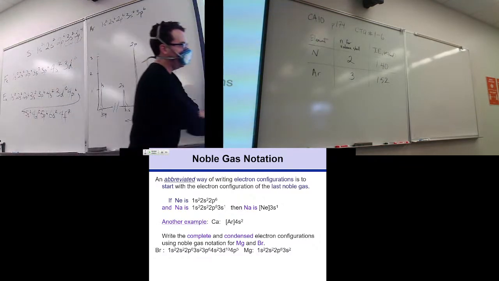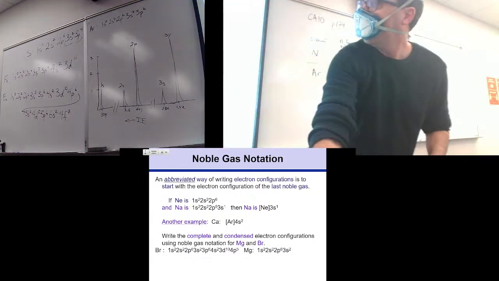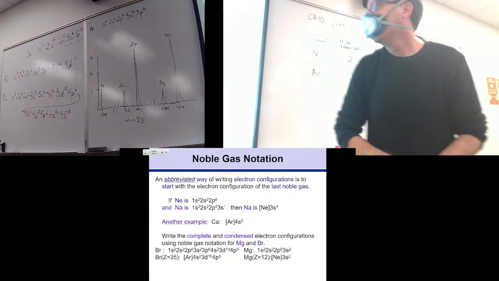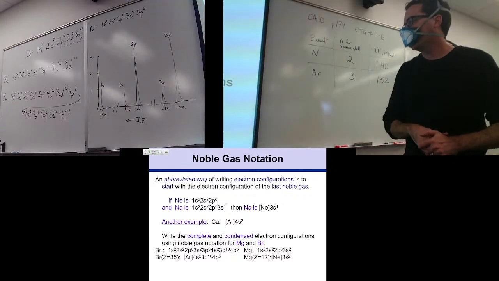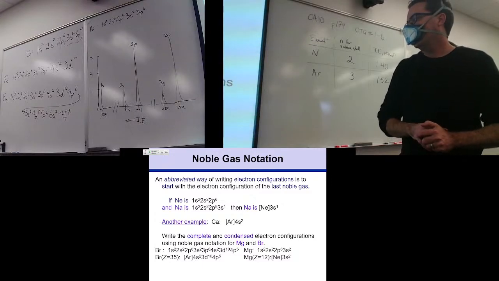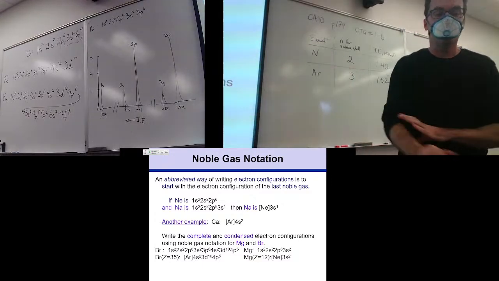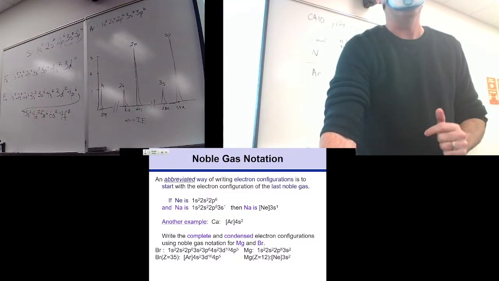So we swap out this whole thing with argon, and then after argon, 4s2, 3d10, 4p5. For magnesium, neon is the noble gas that comes right before it, and then 3s2. This is something you're going to have to practice a little bit. You'll see it in homework. It's not hard. Once you get it, you'll get it.